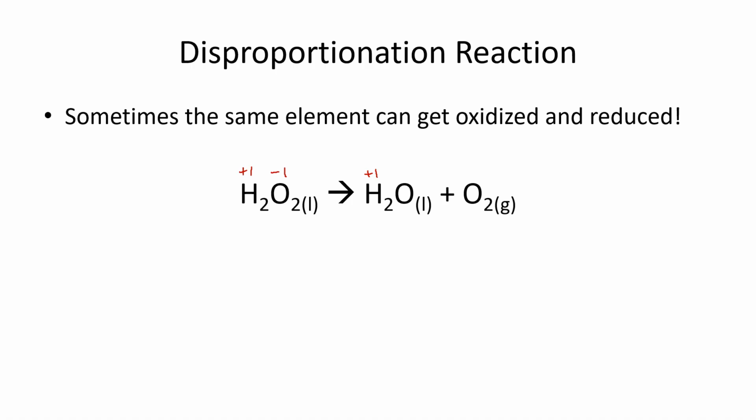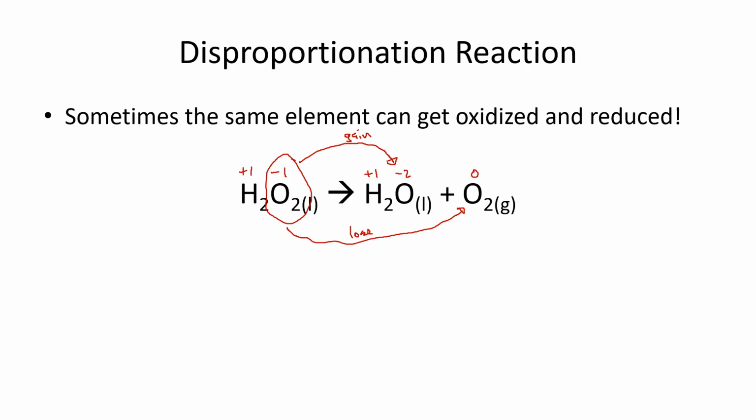But on the other side, you see that the oxygen, got a regular oxygen here in water, which would be -2, and you have oxygen, the gas, which is 0, which means some of these oxygens in peroxide are going to gain electrons and become the oxygens in the water, while others of them are going to lose electrons and become the oxygens in the gas.